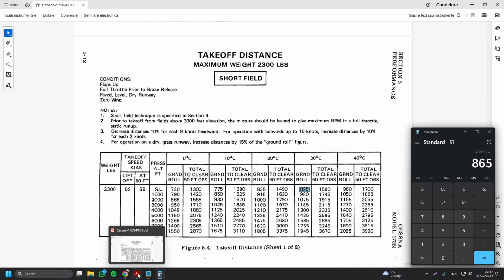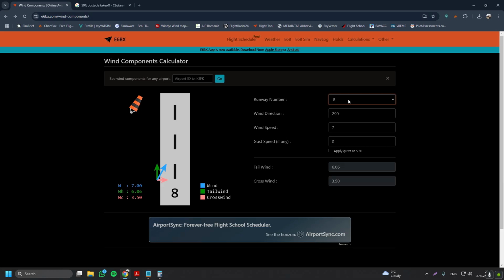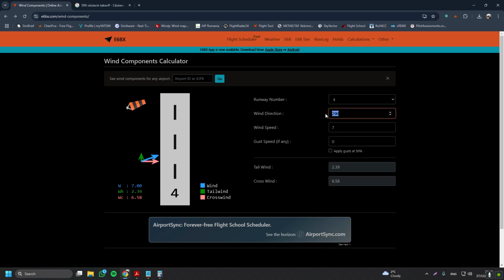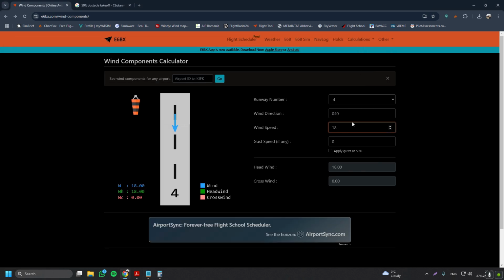Now let's add the winds. The wind is blowing from 040 degrees, 18 knots. Let's use this one. It will be basically a direct headwind. So 040, wind speed 18. Okay, as you can see, this is a straight headwind.